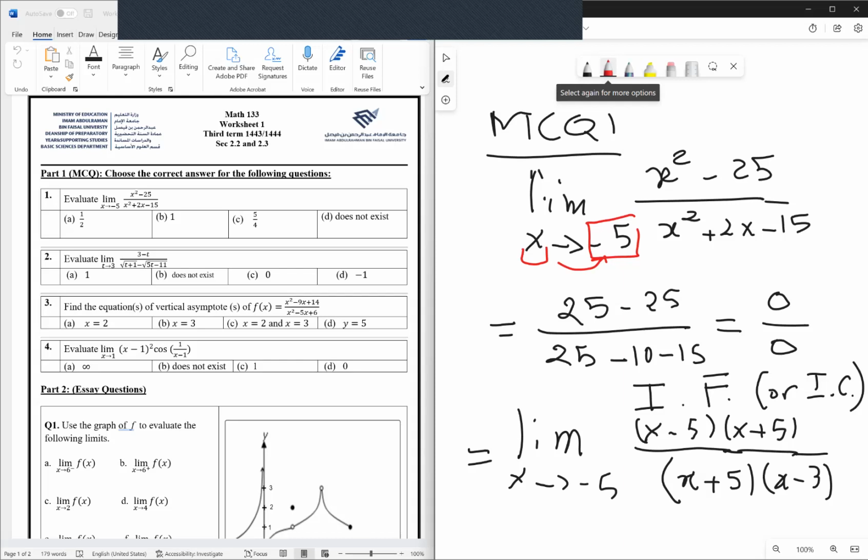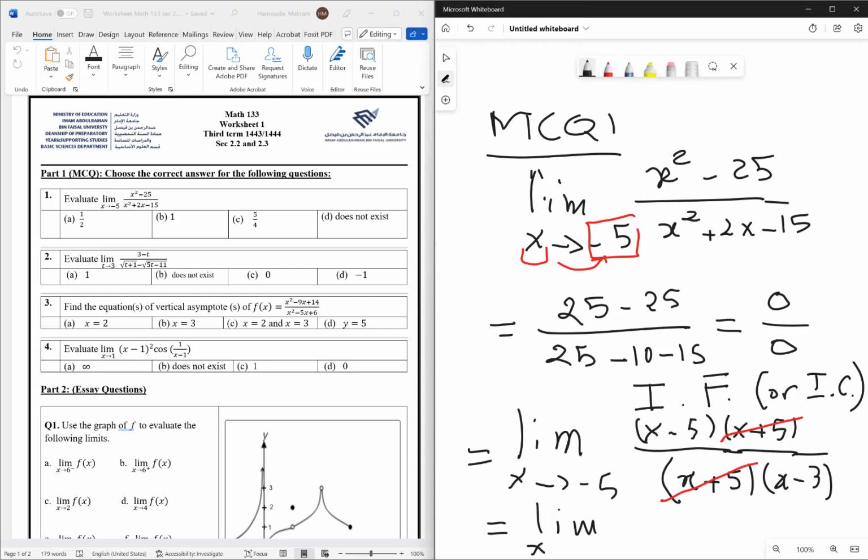Now I can simplify by x plus 5 and x plus 5. So I will get the limit as x approaches minus 5 of the remaining part, which is x minus 5 over x minus 3.